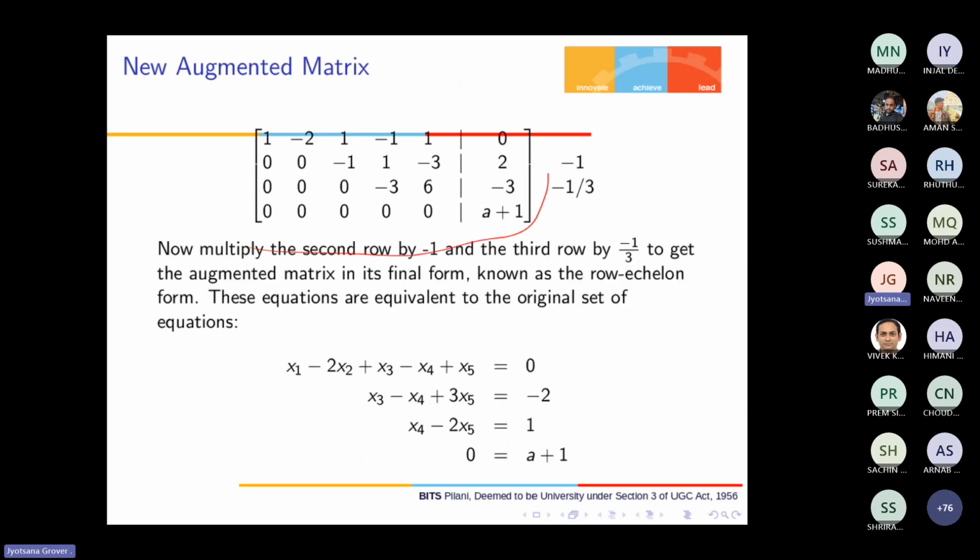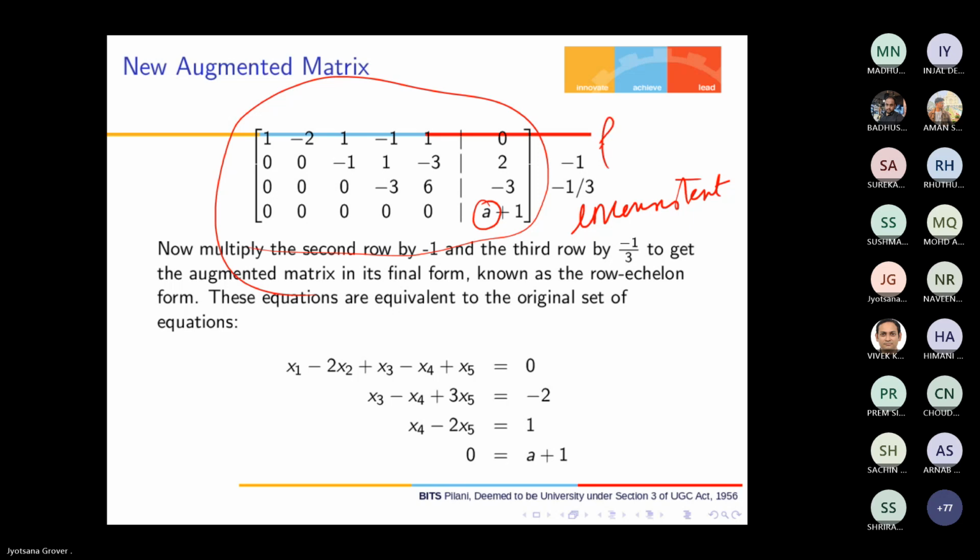Now you will guide me, okay? For what value of A is this going to be inconsistent? A is equal to 0?